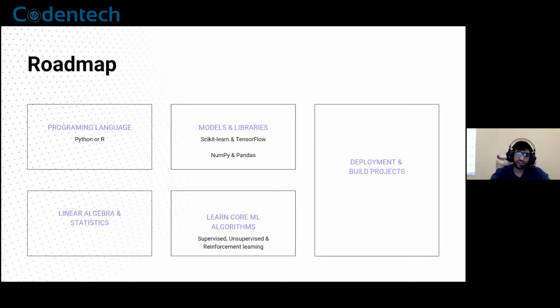So I always suggest people go with Python. R is also there, so if your college or university professors are going for R, then you can also go for R.